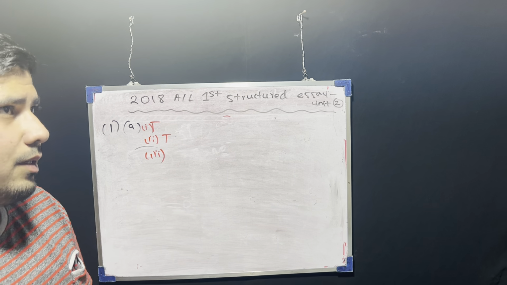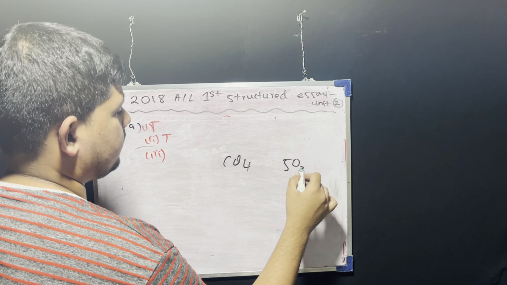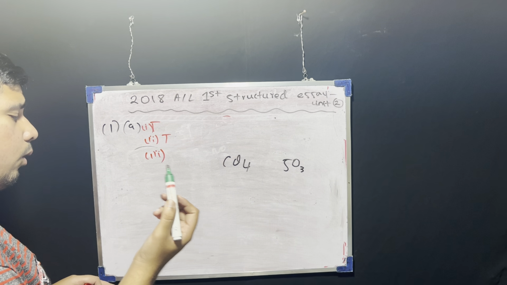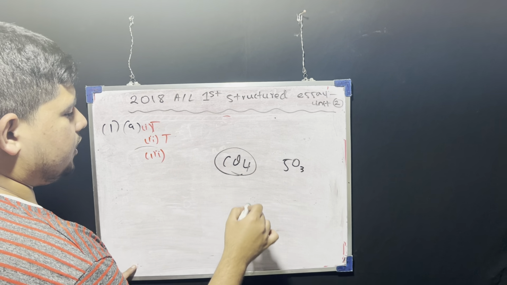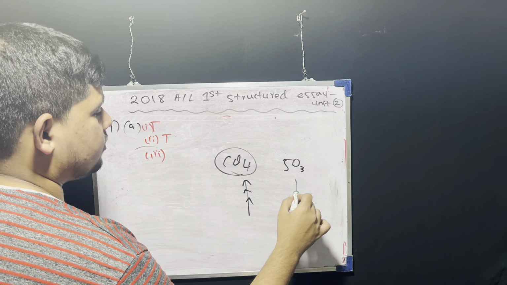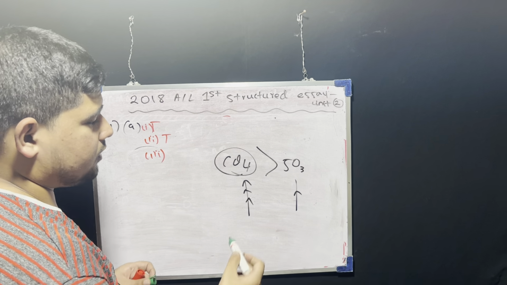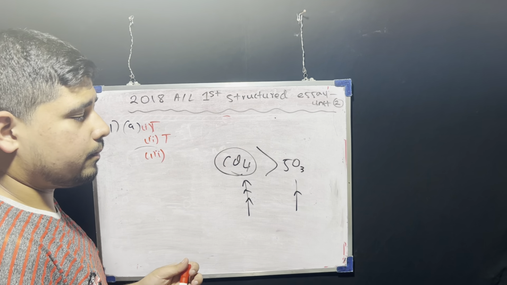It's false. Now you see CCl4 and SO3. Obviously, you know the size of the CCl4 molecule is very much greater than the SO3 molecule.